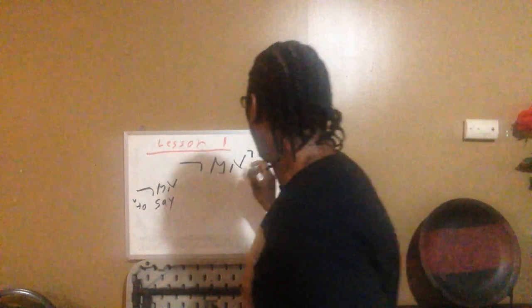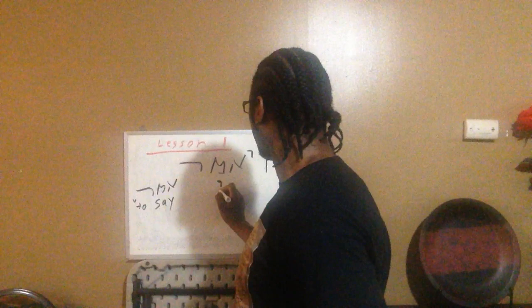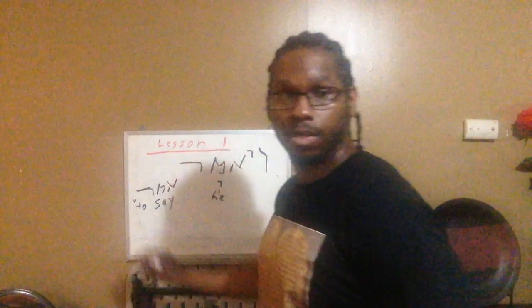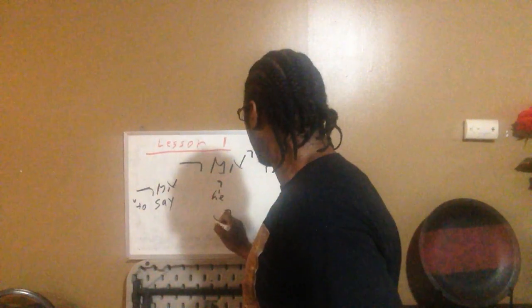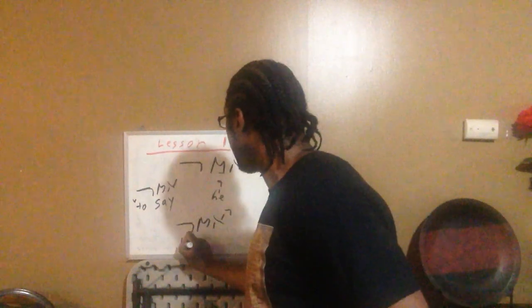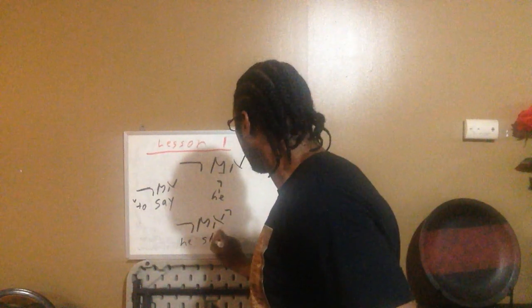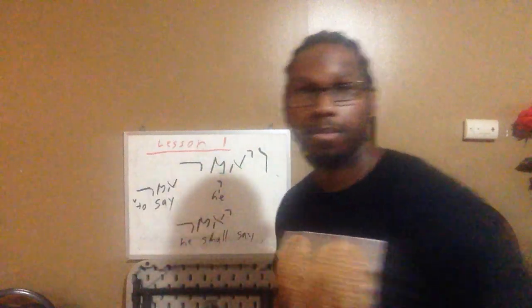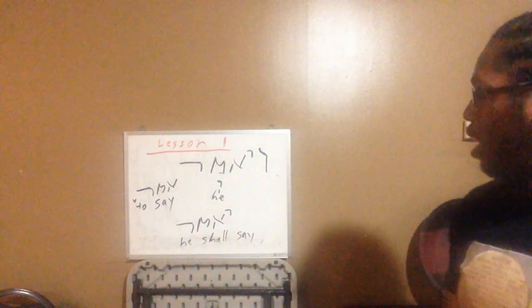So in other words, Yah, this right here means he. So when you do this, Yah Amar, it means he shall say. So it's future tense, right? He shall say.